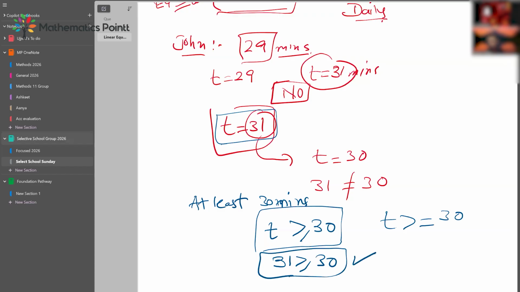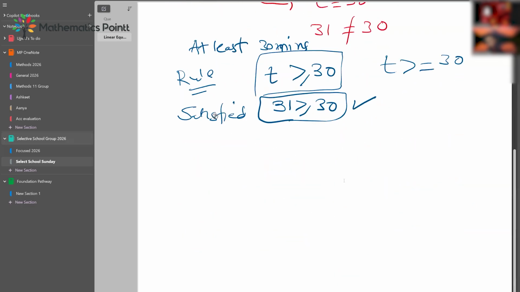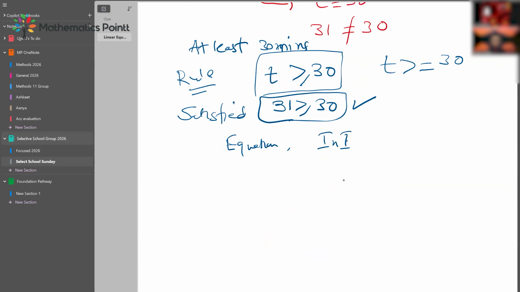So this condition or this rule is now satisfied. So there is a big difference between an equation and an inequality, or probably an equality and inequality.